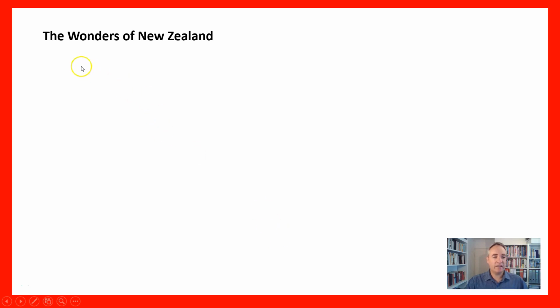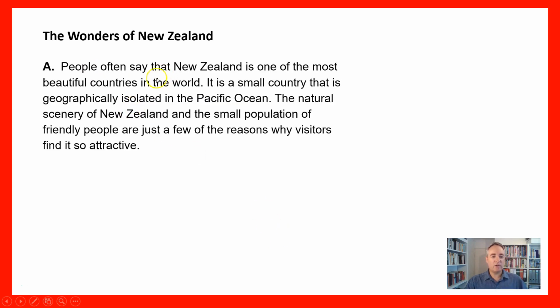Here we have the title, The Wonders of New Zealand, and the first paragraph. Now this is quite an easy example. The text is probably a bit easier than what you'll find on IELTS, but it's about finding the strategies and using the strategies correctly. That's the most important thing. Of course the strategy that we always talk about is skimming and starting with the title.